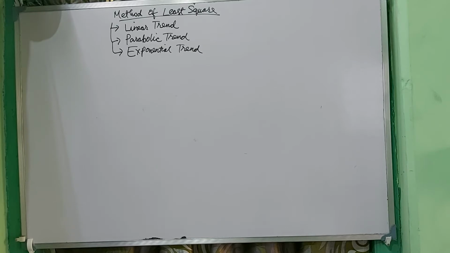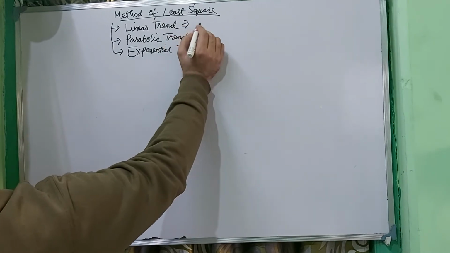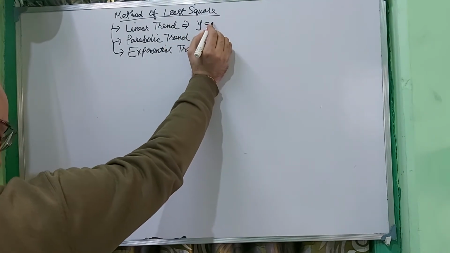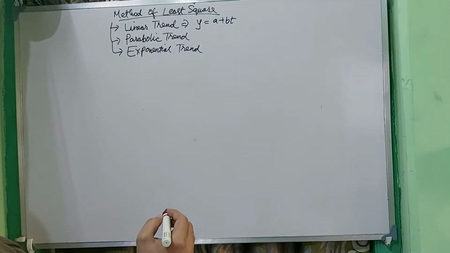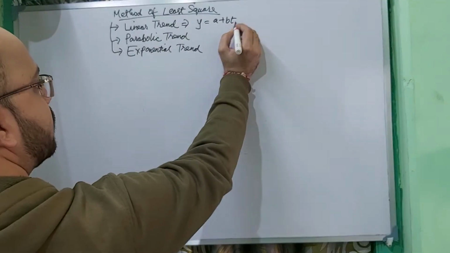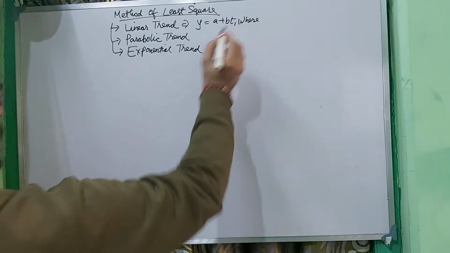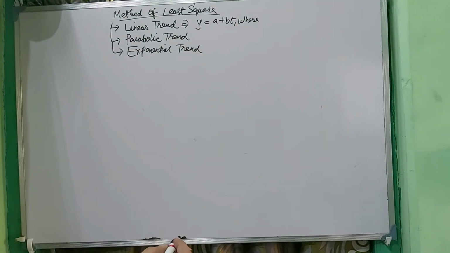In the linear trend, the equation is y = a + bt, where a and b are two constants.